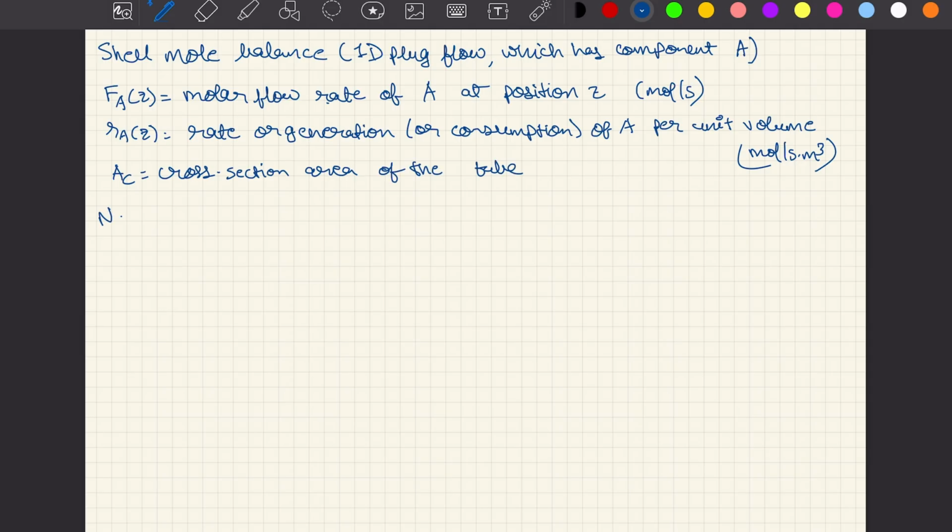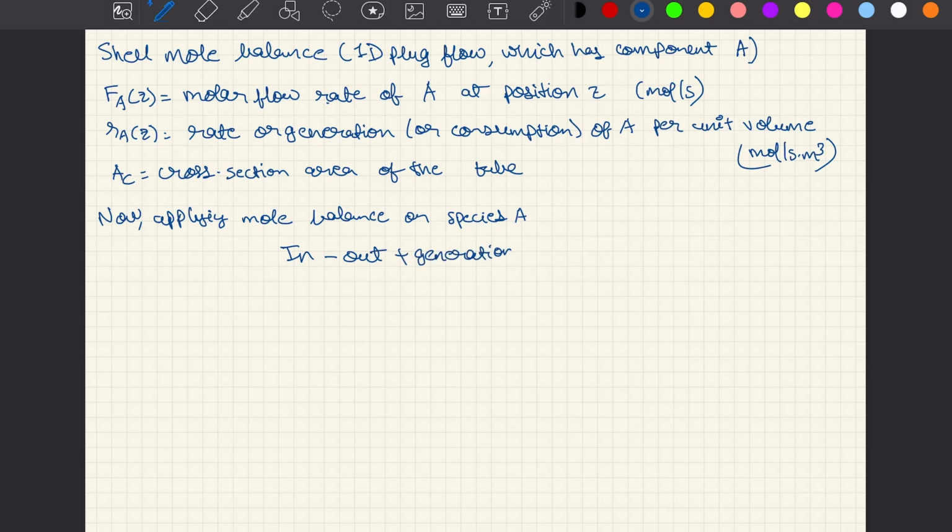Now, applying a mole balance on species A. The general equation being input minus output plus generation minus consumption is equal to accumulation.